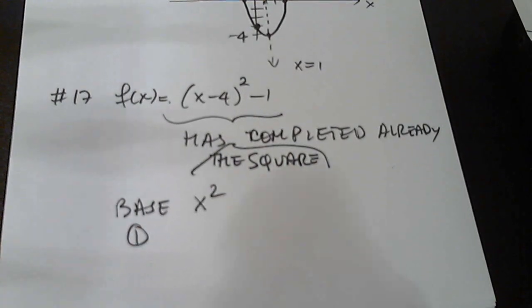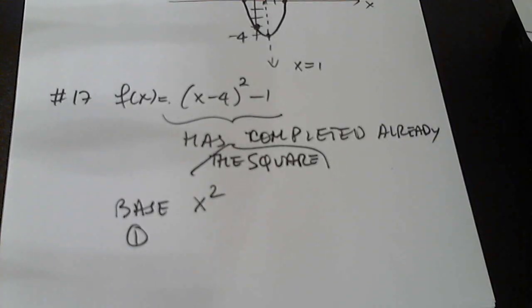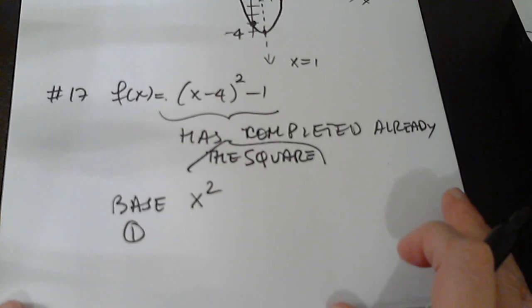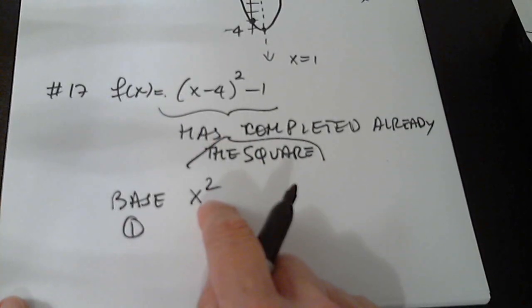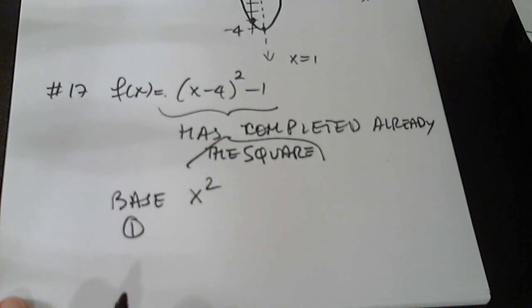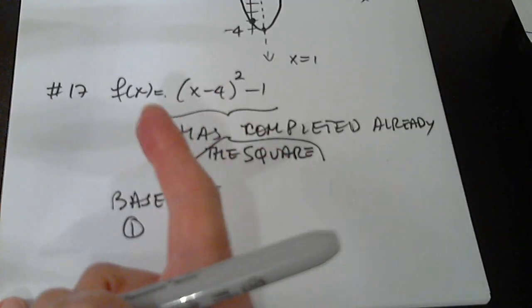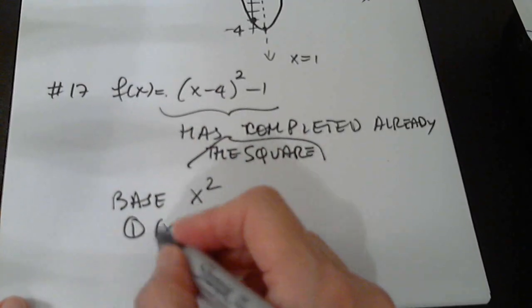What will be the first transformation? In order of operations, what is the first transformation on x squared to get this? Move right 4. Indeed.